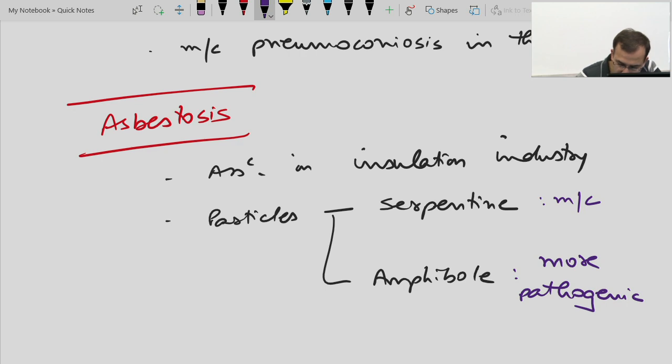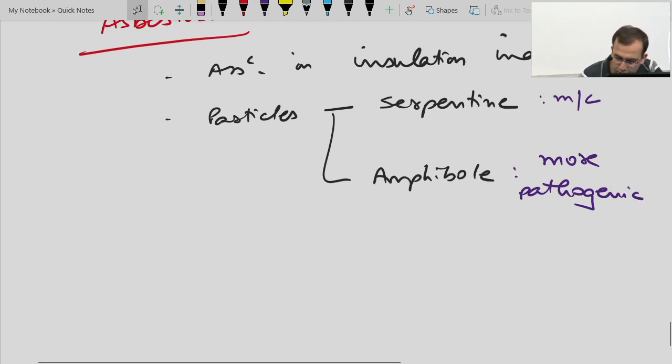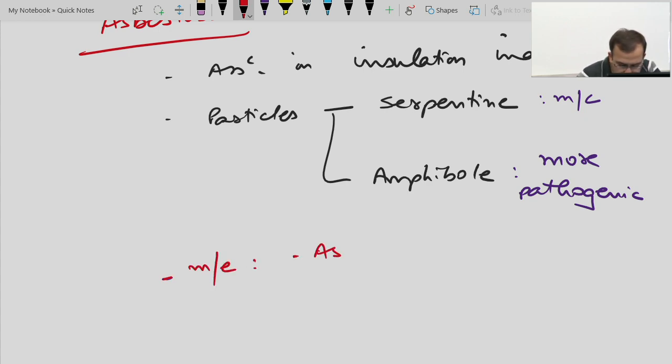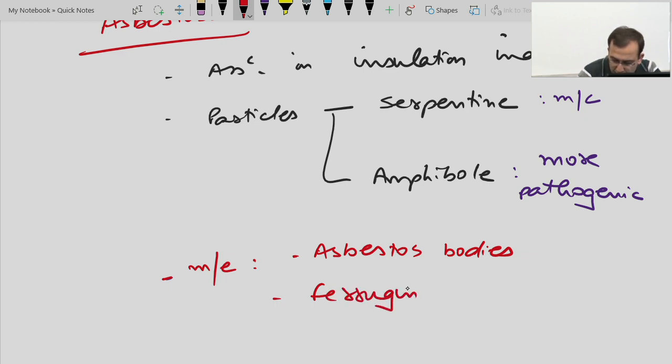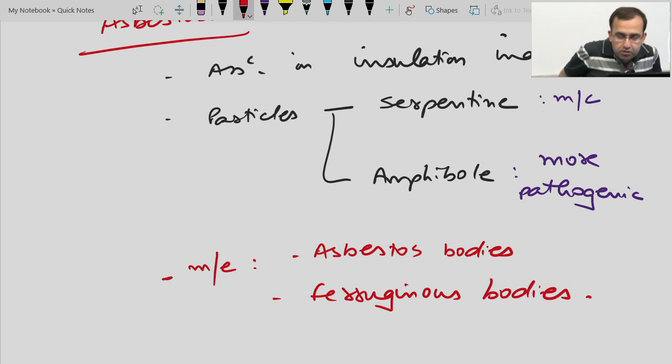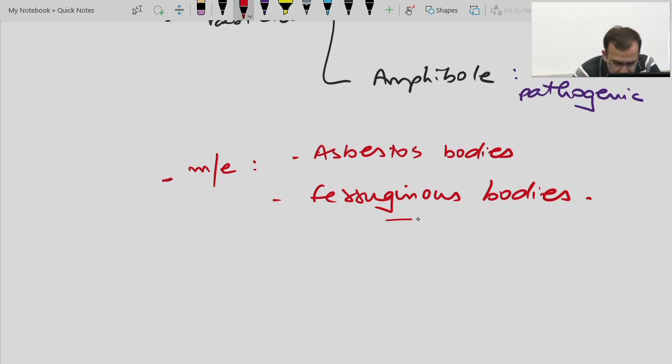Next point, asbestosis microscopically, which is extremely important, is associated with the presence of asbestos bodies and ferruginous bodies. What are ferruginous bodies?